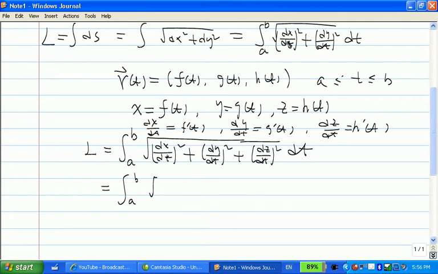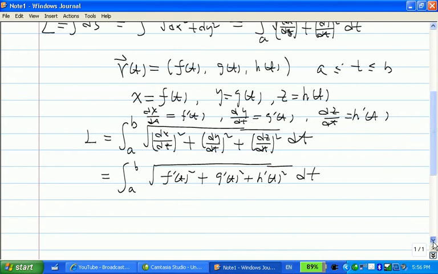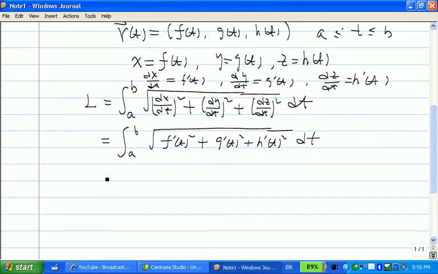So therefore, this is equivalent to saying you have the square root of f prime t squared plus g prime of t squared plus h prime of t squared dt. Okay, this is the formula to find arc length for the given curve by vector function r. And there's a shorter way to write that. That's the integral of the magnitude of r prime t dt.